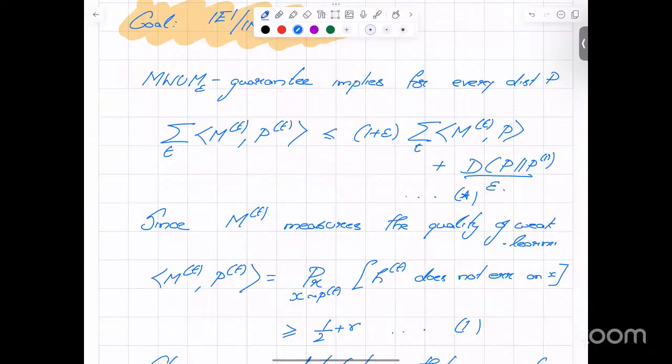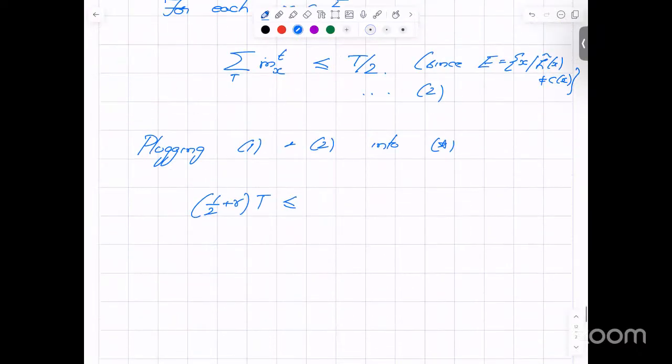If P is supported on the error set, that quantity is always summing up to T by 2. So this is less than or equal to T by 2 plus D(P||P1) by epsilon. Sorry, there is a 1 plus epsilon sitting in front.